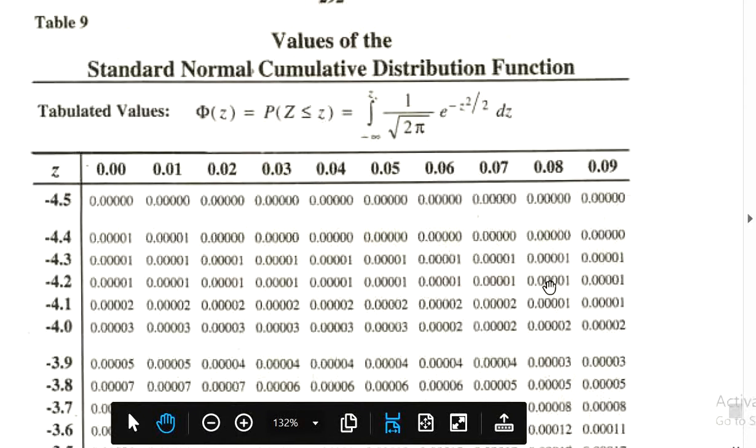In this table, we have probabilities at the center, and we have the value of Z on the first upper row and column.